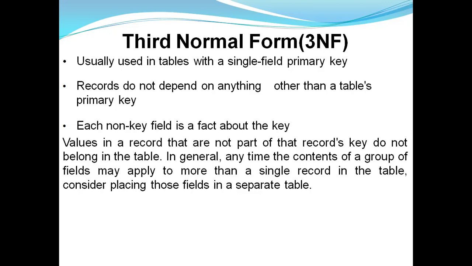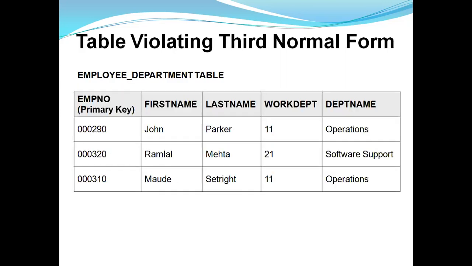Now take an example. In this, we have an employee number, first name, last name, work department, and department name. Very simple. Now in this, can we say that employee number is the primary key?